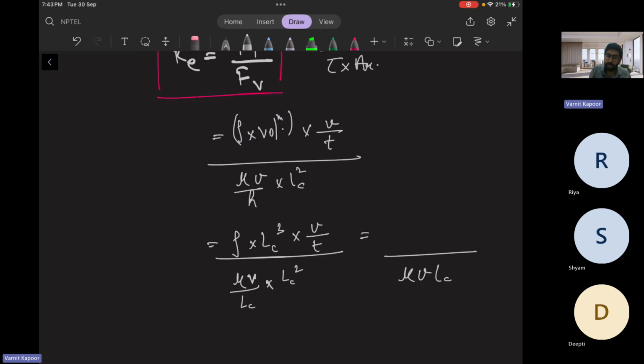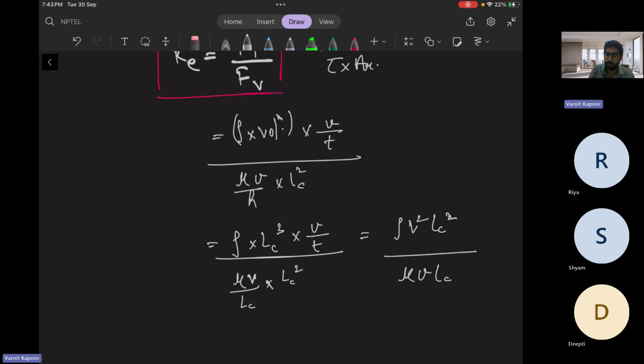So can I write time as distance over speed again? Can I write that? Am I right? So it will be rho V square LC square eventually.